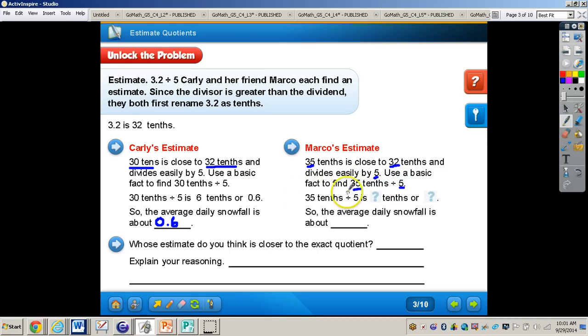So 35 tenths divided by 5 we know is 7 tenths, or 0.7. Okay, so you can see the two different estimates. Carly rounded, or changed, that 32 to a 30 to make it compatible with 5. Marco changed that 32 to 35 to make it a compatible number with 5.